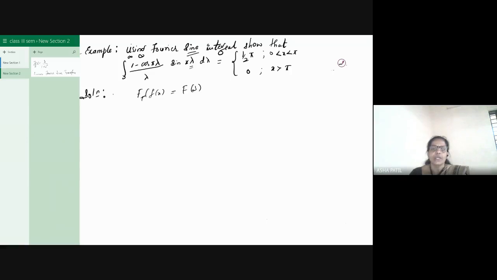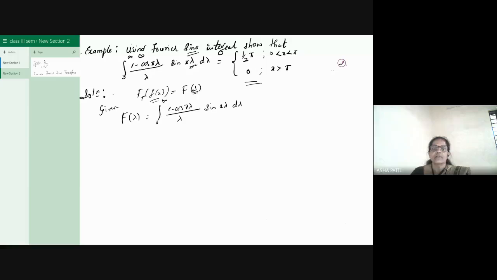Now here, instead of the parameter s, we have the parameter lambda. So we'll consider f of lambda. F of lambda is integration from 0 to infinity (1 minus cos pi lambda) divided by lambda into sin x lambda d lambda.